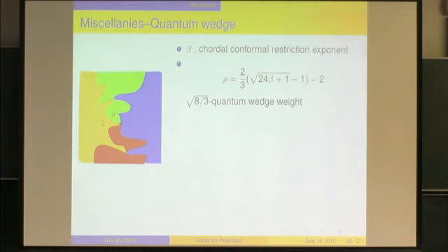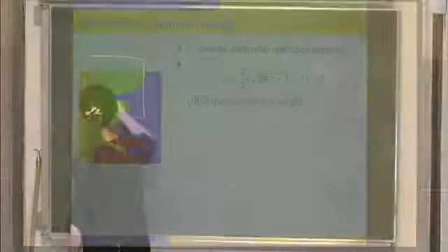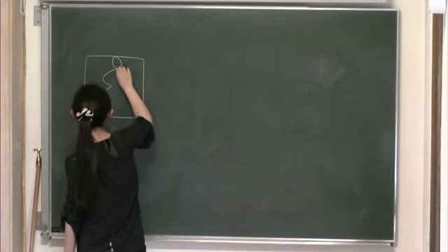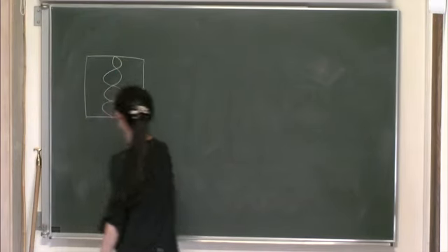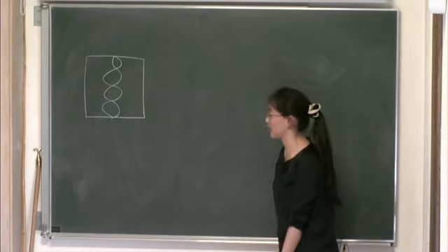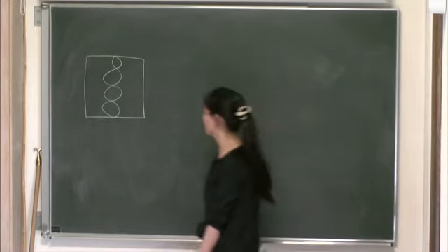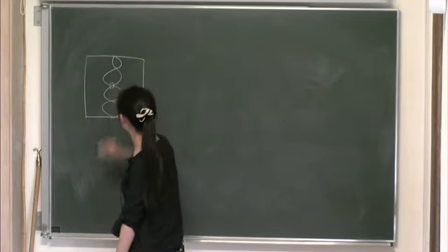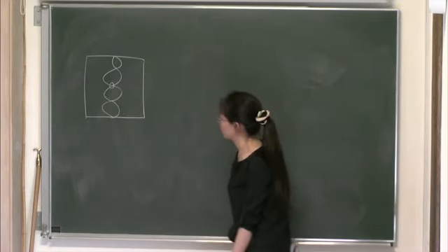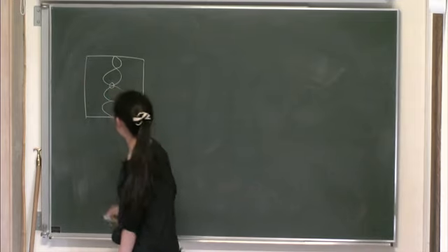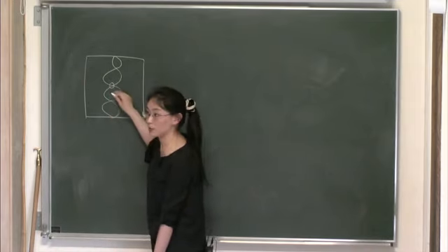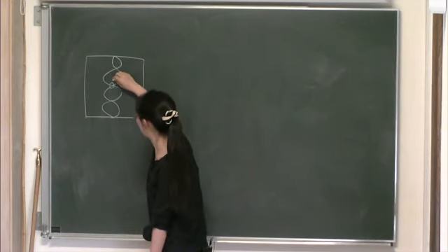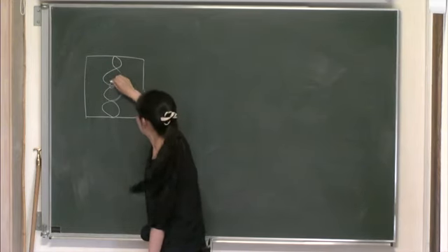If you agree on this, then let us check again the cut point dimension of this random set. Suppose this is a cut point. We zoom in around this point. Then in this neighborhood, it corresponds to a welding of 4 quantum wedges.